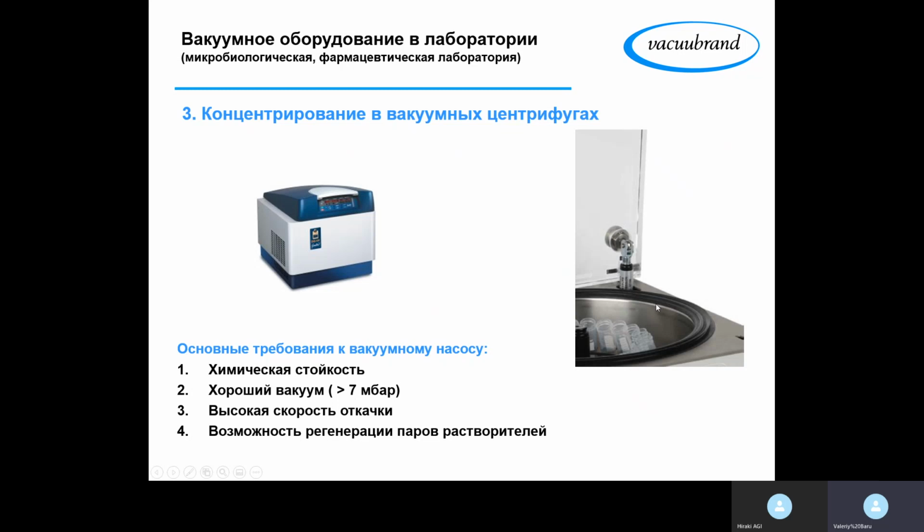In the centrifuge, we can evaporate a huge number of samples simultaneously. In the picture you can see a tube with a volume of 50 milliliters, and it can definitely be seen that much more than 20 tubes can be put inside the centrifuge. If we are talking about small tubes like Eppendorf tubes with a volume of, I don't know, 2 milliliters, you can easily evaporate a huge number of tubes simultaneously. That is why we have this kind of machine.